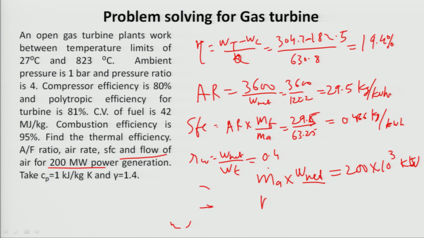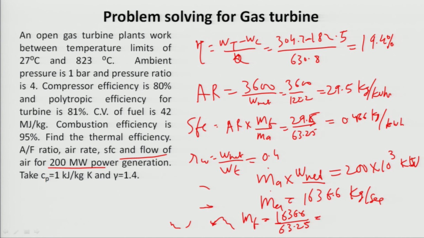When we find this, Ma is going to be 1636.6 kg per second, and mass of fuel Mf upon Ma you have found earlier, divided by 63.25, that is going to be 25.87 kg per second.